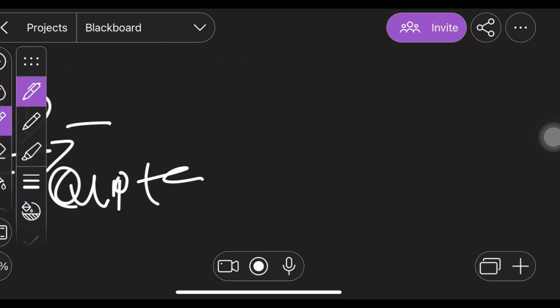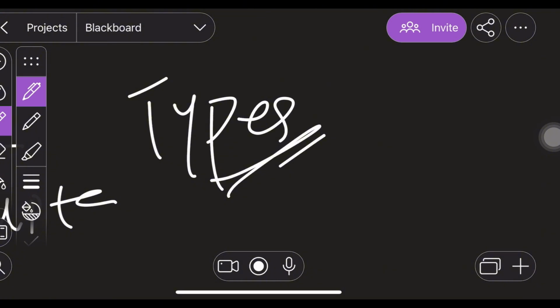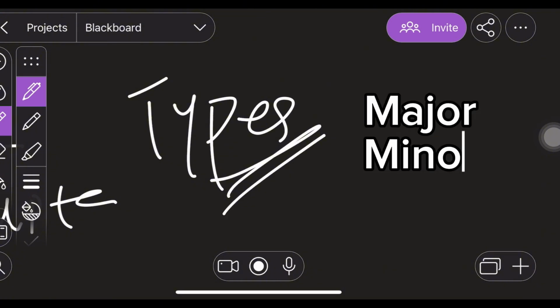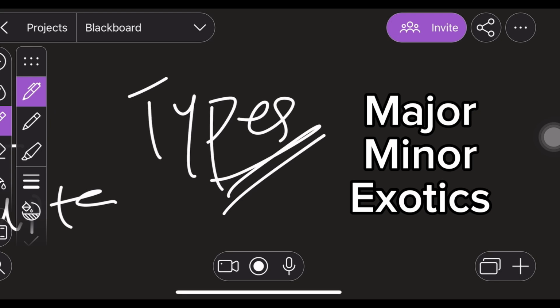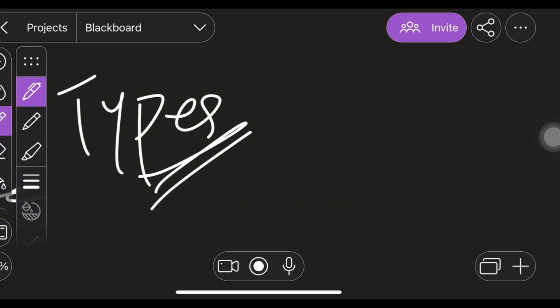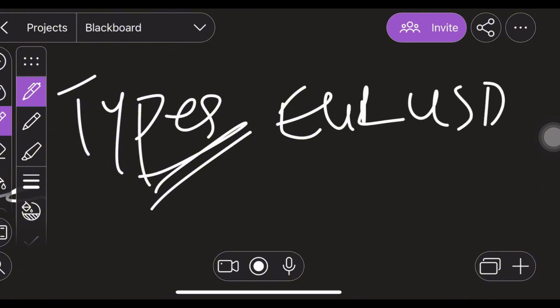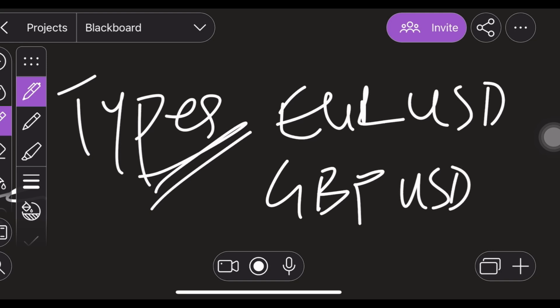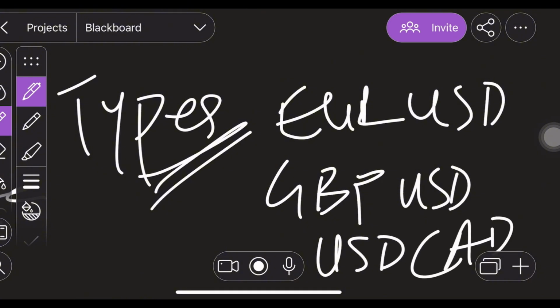For example, types of currencies. There are different types of currency pairs: major pairs, minor pairs, and exotic pairs. The major pairs always include USD, the US dollar. For example, you have EUR/USD, GBP/USD, USD/CAD, and so on.